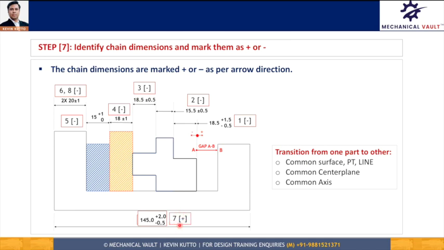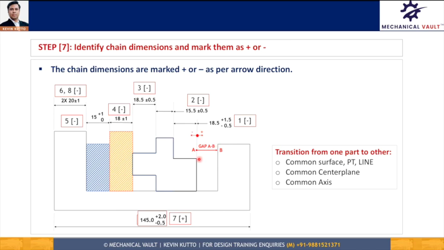Now this dimension is plus because I am moving from left to right. Once I reach this surface, from here I can reach the end point B, and this dimension is exactly the same because it is 2 into 20 plus minus 1, and that's why I have shown 8, and this 8 is also going to be negative because right to left is negative.